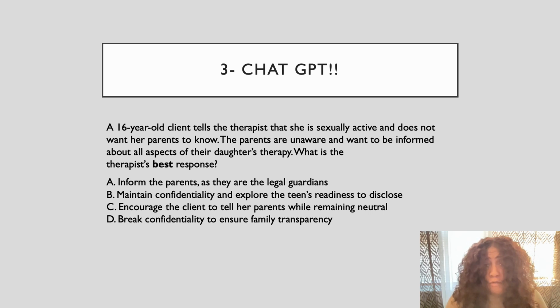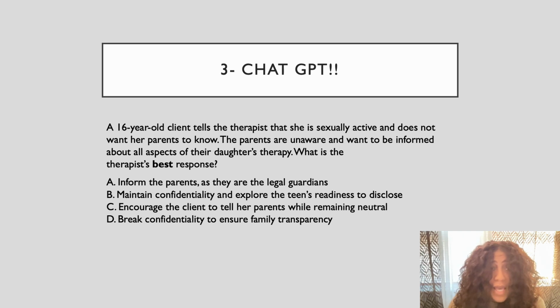I'm thinking maybe you have rapport with each other, but now you're telling her to go and do something that she doesn't want to do in the first place. You can't remain neutral, right? D says break confidentiality to ensure family transparency. Now, A and D are both unethical because they breach confidentiality when you think about it. Nothing is going on in this vignette that poses any harm or any risk. So why do we need to break confidentiality?